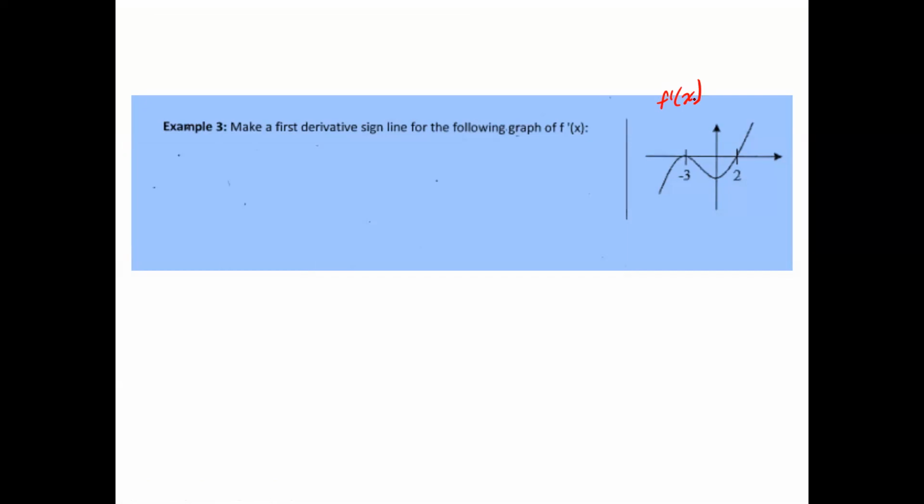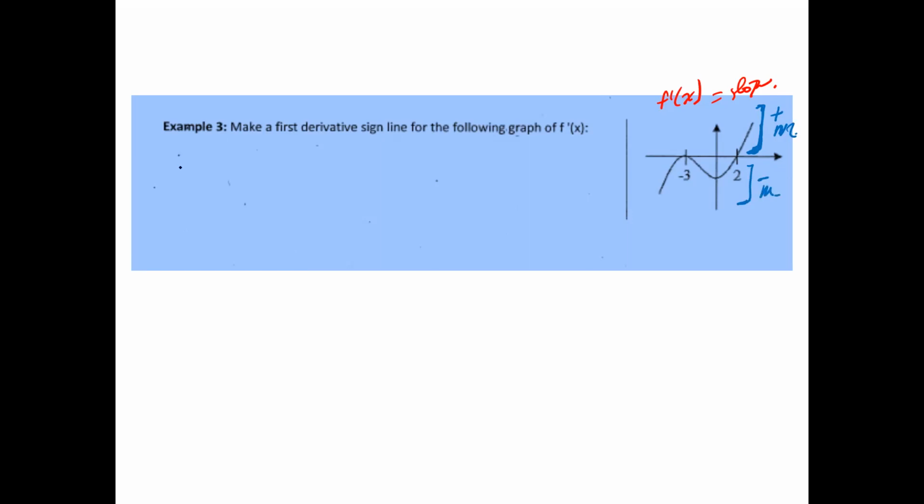Just remember that with f prime of x, this graph is already showing you slope. Anything above 0 here is going to be a positive slope, and anything that's below 0 is a negative slope.